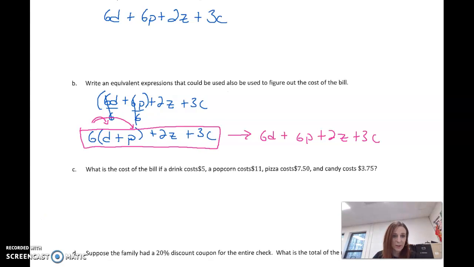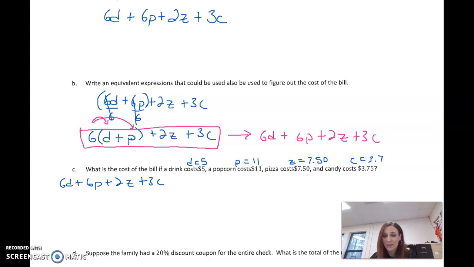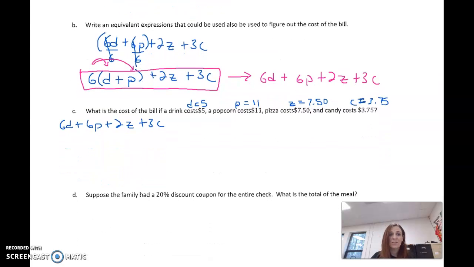So let's say I started with 6D plus 6P plus 2Z plus 3C. What would be the cost of the bill if the drink costs $5, so D equals 5, popcorn costs $11, P equals 11, pizza costs $7.50, Z equals $7.50, and candy costs $3.75, so C equals $3.75? As before, we just substitute all those values in for the variables.